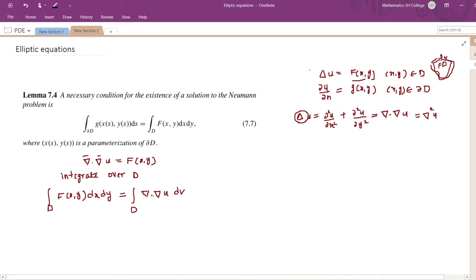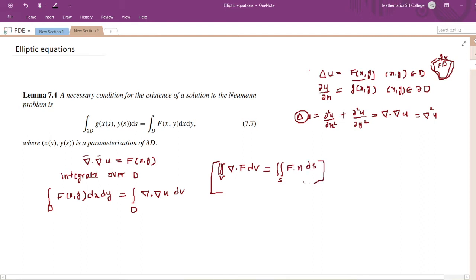Now we can see that this is of the form del dot F. You must remember the Gauss divergence theorem. By the Gauss divergence theorem, the triple integral over V of del dot F dv is the double integral over S of F dot n ds.